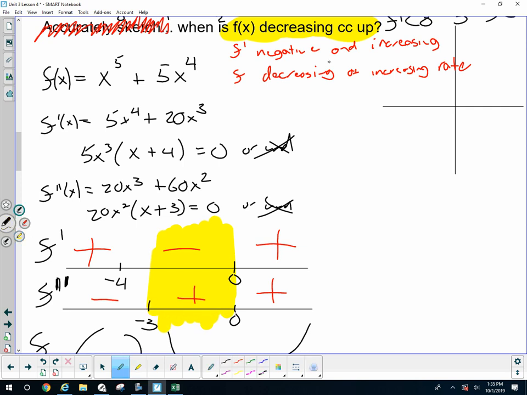And the answer to every single one of these statements is from -3 to 0. That is when f prime is negative and f double prime is positive. That is when f prime is negative and increasing. That's when f is decreasing at an increasing rate.